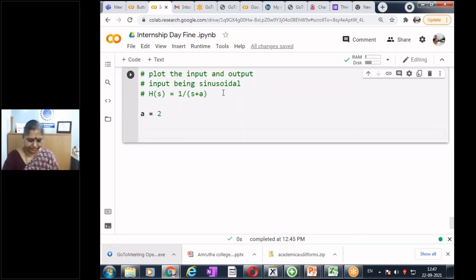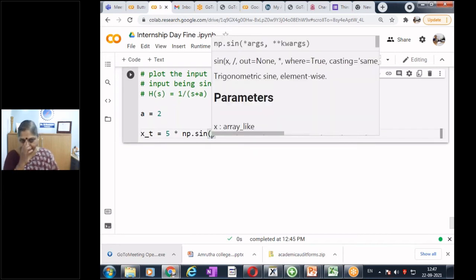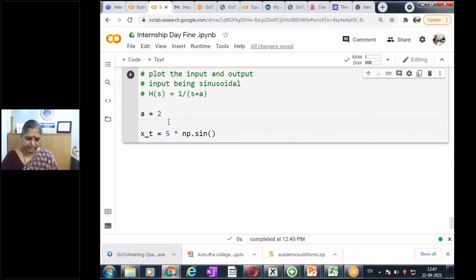My input, let me not call it x, let us say x of t, because it's an inbuilt keyword and leads to a problem. Input x of t is, let us say, 5 times np.sin of omega naught times time.